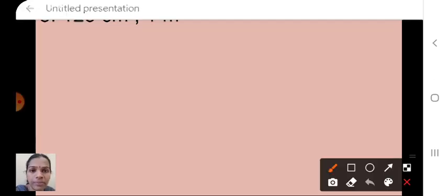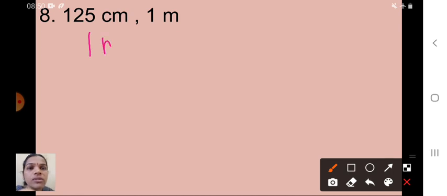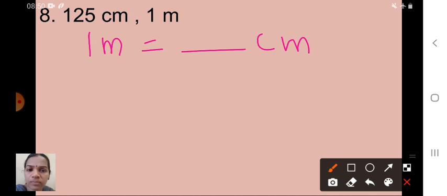So here 1 meter we have to convert into centimeter. 1 meter is equal to how much of centimeter? 1000? No. 100 centimeter. 1 meter is equal to 100 centimeter. So now we have to find the ratio of 125 centimeter and 100 centimeter.